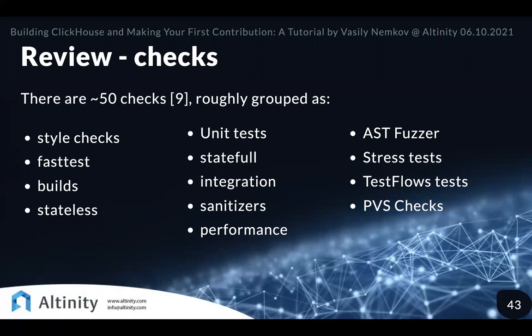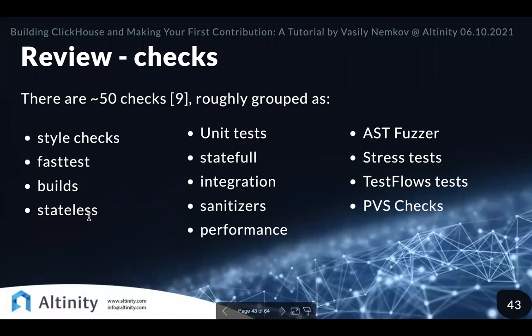And there are roughly about 50 checks, which can be grouped as style checks, which verify that your code follows the style guide of ClickHouse. The fastest is the simplest subset of ClickHouse built and executed against a small subset of stateless tests. There are various forms of builds against various compilers with various sets of options.